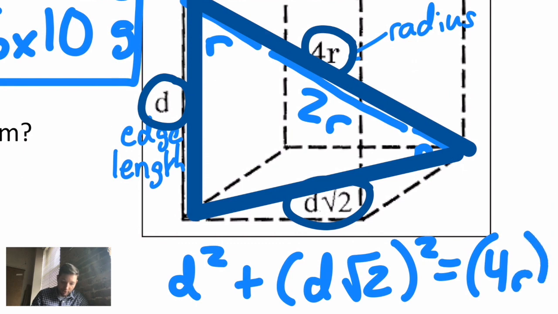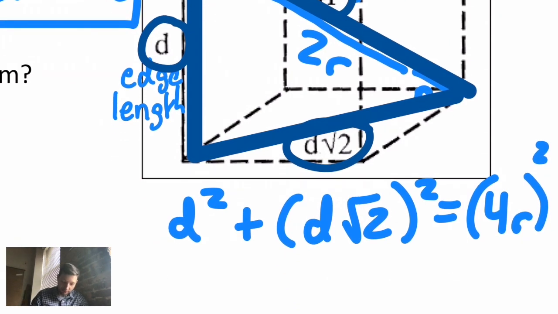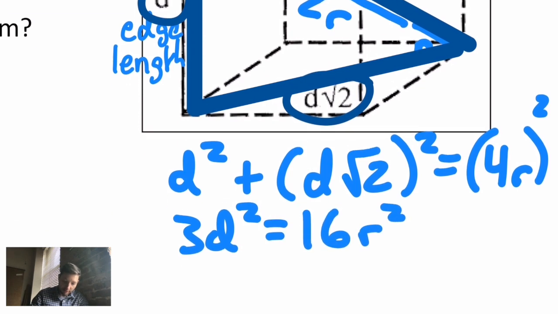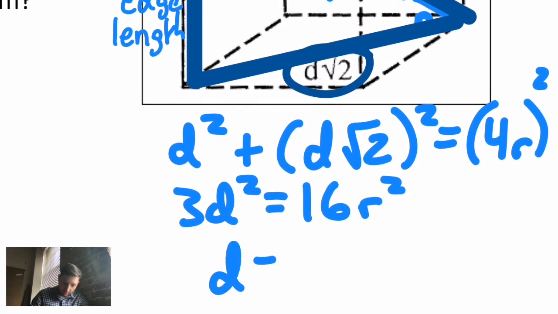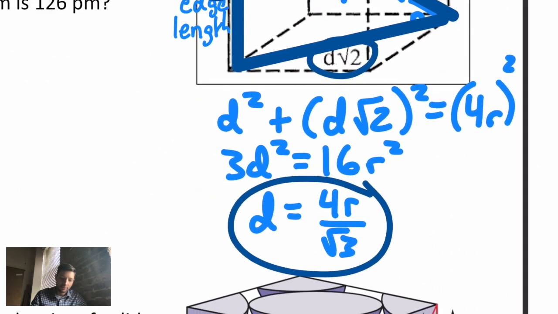That's the Pythagorean theorem. This simplifies down to 3d squared equals 16r squared, which means that the edge length d is 4r over root 3.